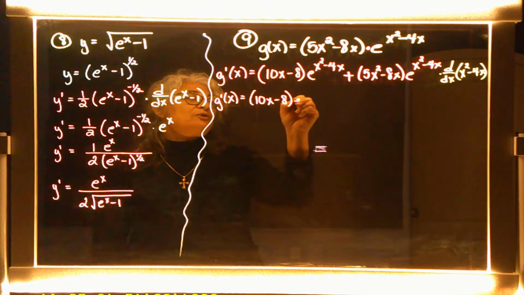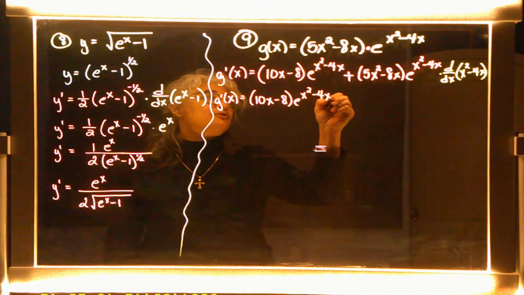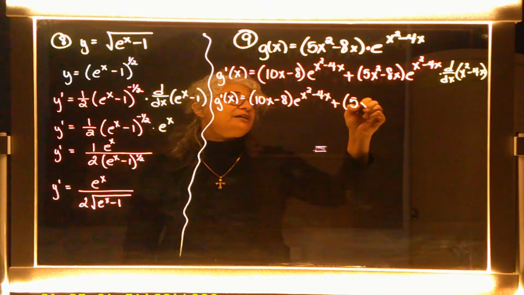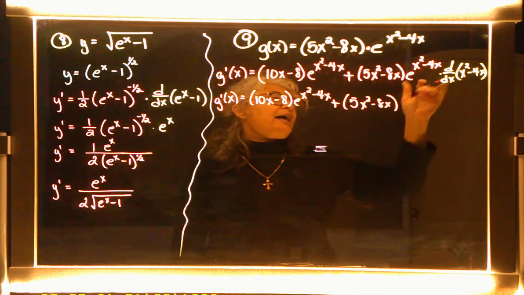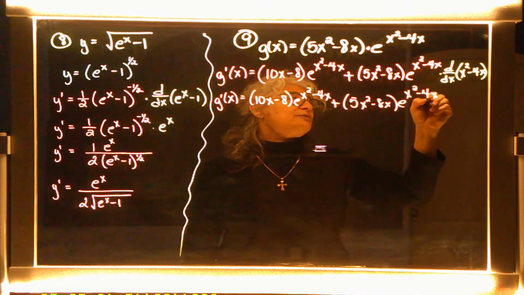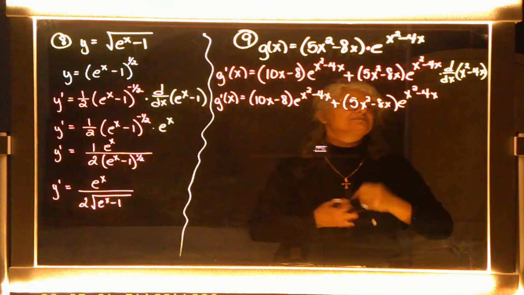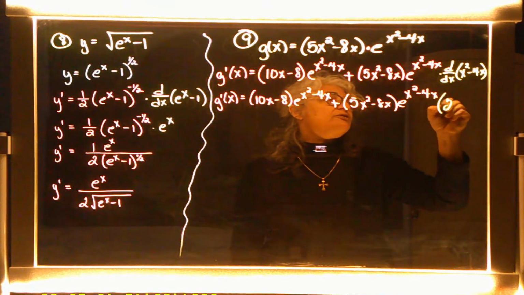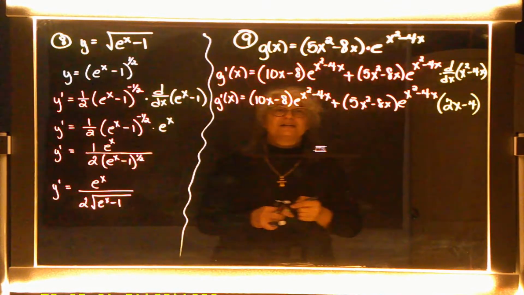I'm not really doing a whole lot with it at this point. Why? Because I've got to figure out the derivative of this latter part. So what's the derivative of x squared minus 4x? Good, 2x minus 4. Awesome!